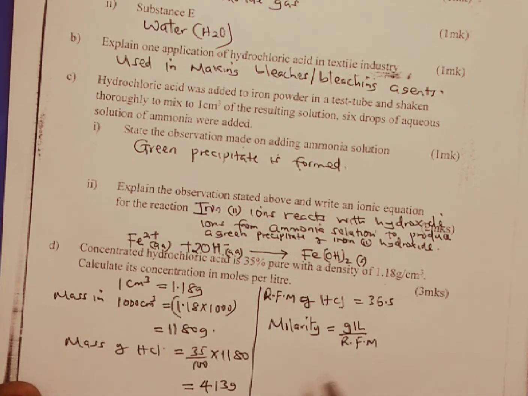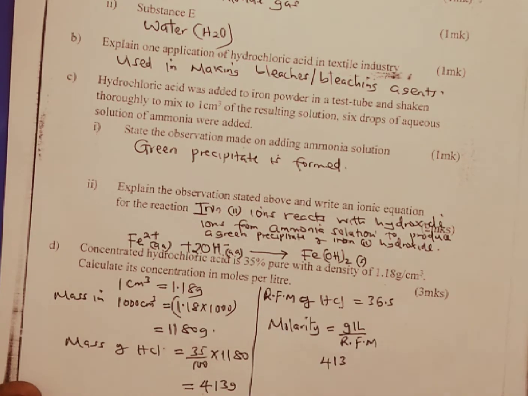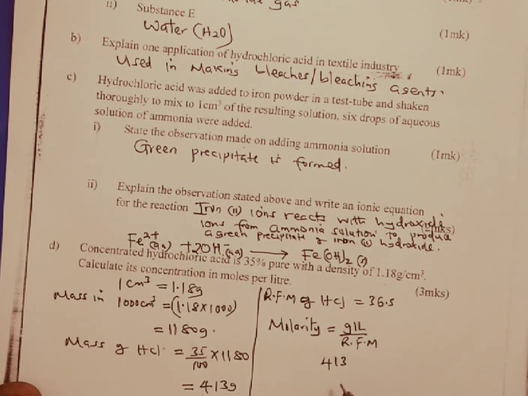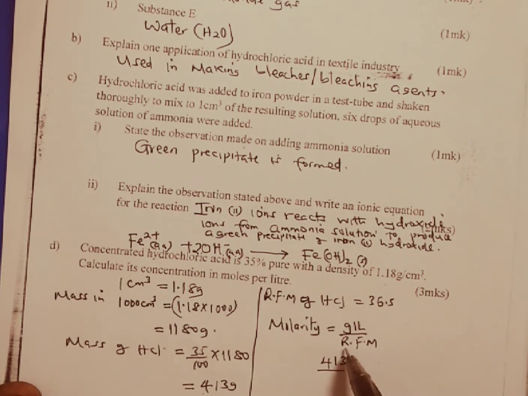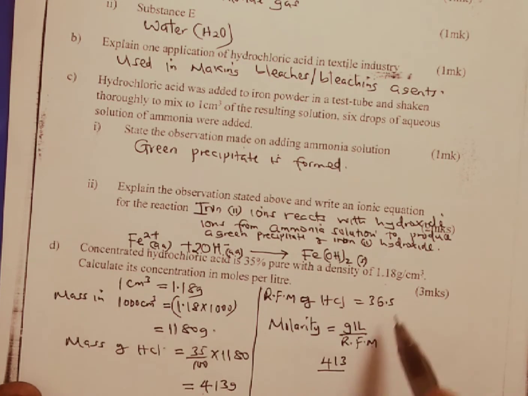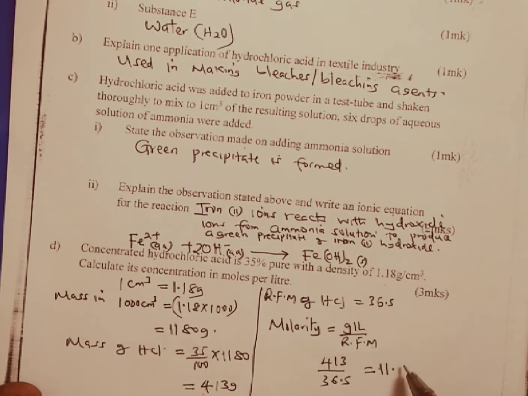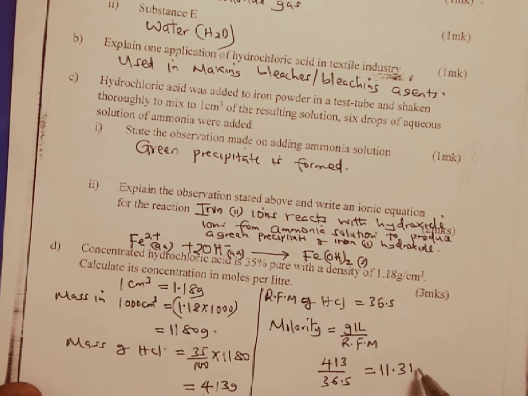We know the number of grams in 1 liter, which we have already calculated as 413 grams. We divide by the relative formula mass of hydrochloric acid, which is 36.5. And this is going to give us 11.3151 molar.